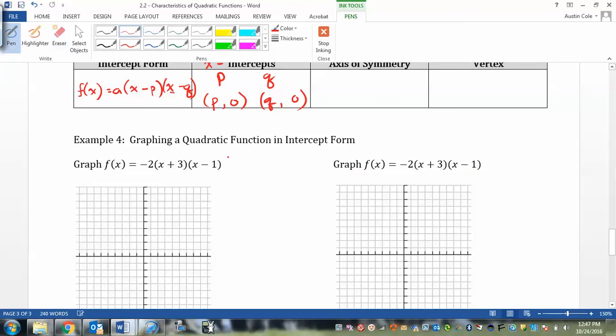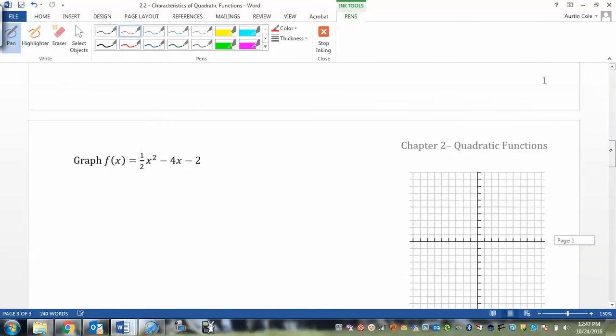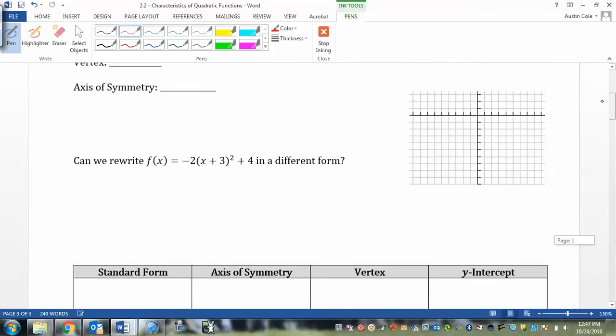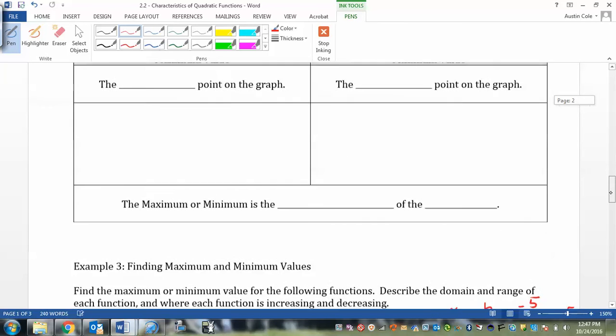Okay, now, our intercepts are, I'll just say this, they're the opposite of these numbers. Because you think about, let's go back to vertex form. In vertex form, we have h that's in parentheses, and we always say that h is a liar. Well, basically, the same applies for p and q. P and q are liars.